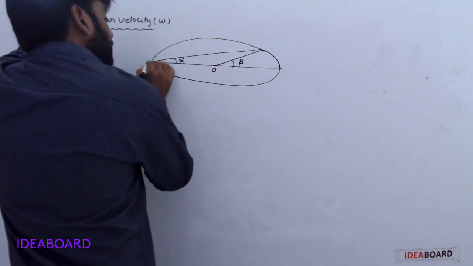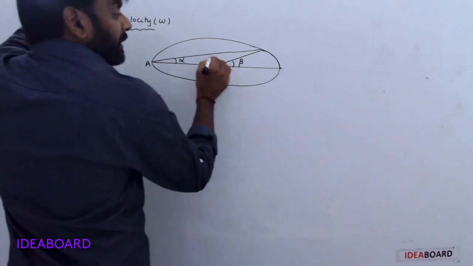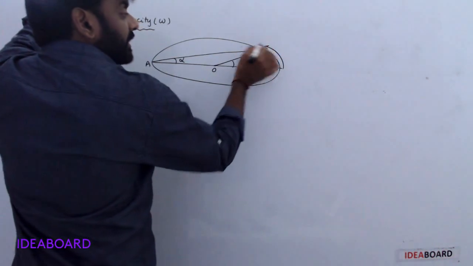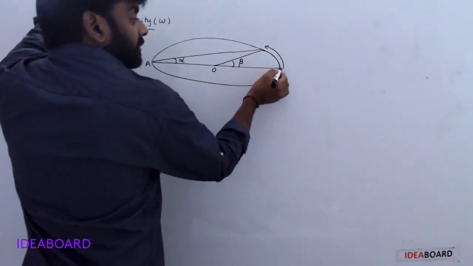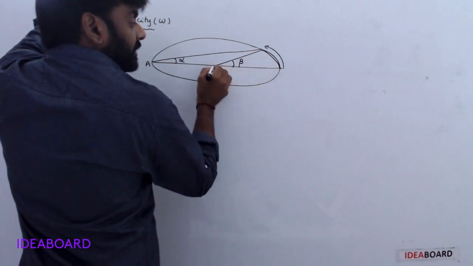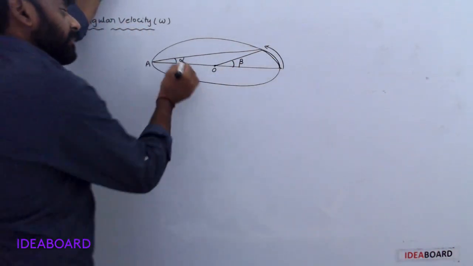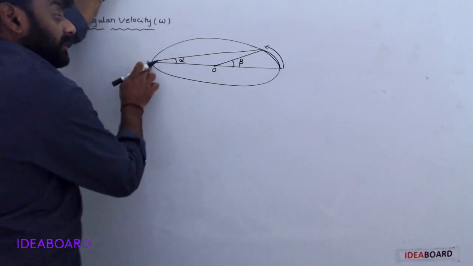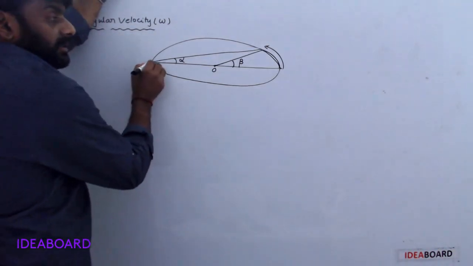Understood? The particle rotates in a circular path. The starting point is this one, and it comes to here. It makes an angle beta with the center, and it makes an angle alpha with a certain point on the circumference, A.